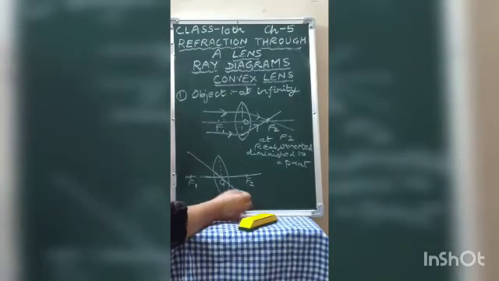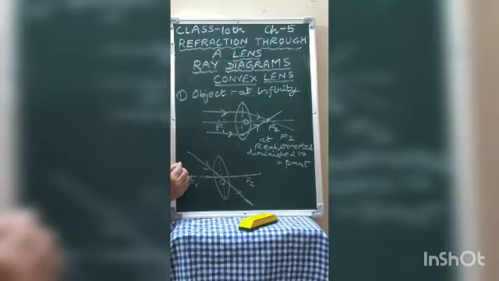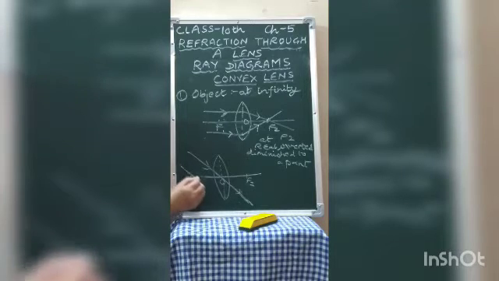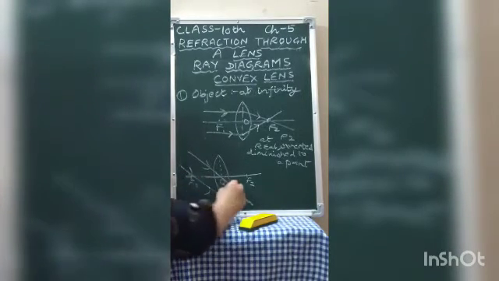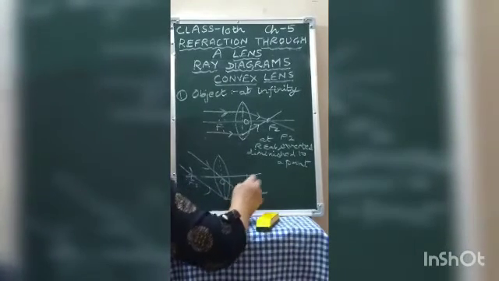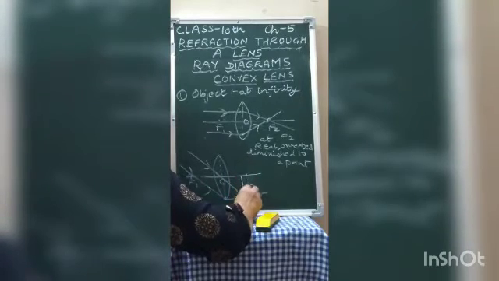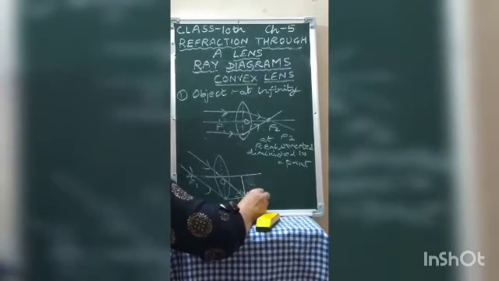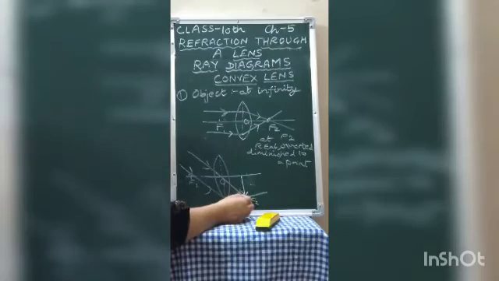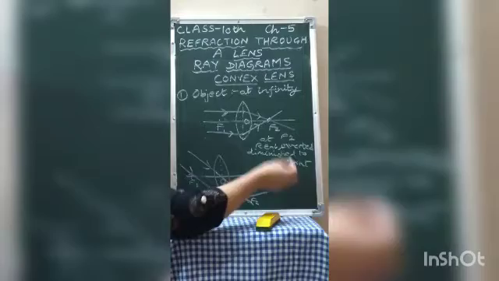You know this rule? A ray passing through the optic center goes straight, undeviated. Another ray which is parallel to this ray and is passing through F1 will become parallel to the principal axis, and they both will meet at the focus, F2. So again the image is formed at F2, real, inverted and diminished to a point.